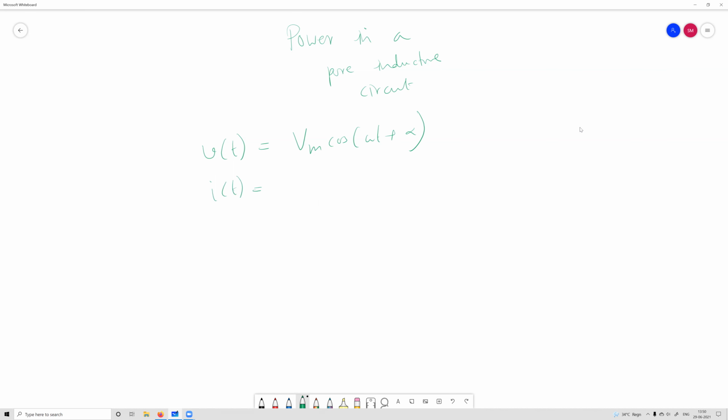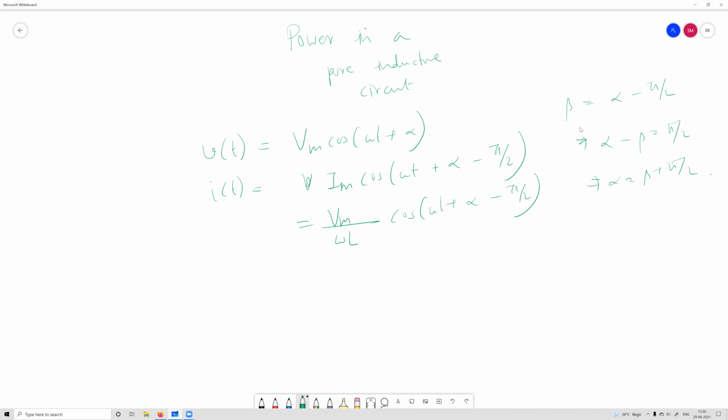It equals Im cos(omega t plus alpha minus pi by 2), because beta equals alpha minus pi by 2, as alpha minus beta was pi by 2, or alpha equals beta plus pi by 2. We can write this as Vm by omega L cos of omega t.